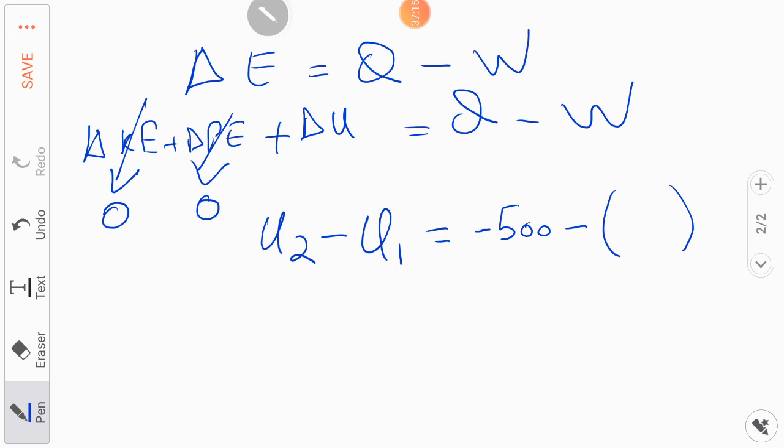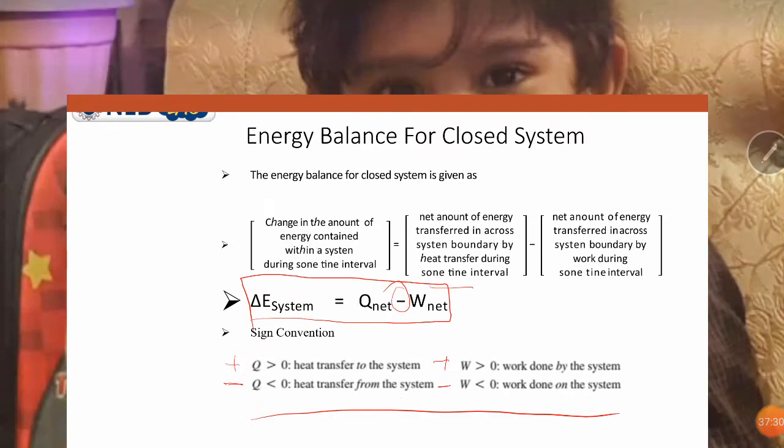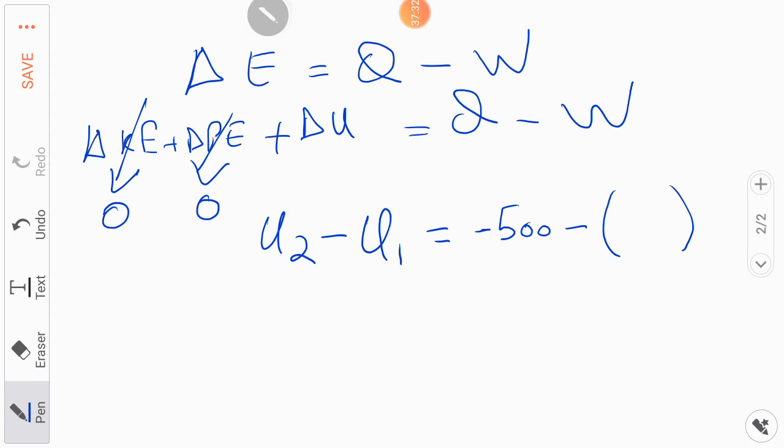So unlike the other case, in this system we have the opposite case. When work is done by the system we put positive, but when work is done on the system we put negative. So we put here negative 100. So minus minus plus, U2 minus U1 is 100 kilojoules.